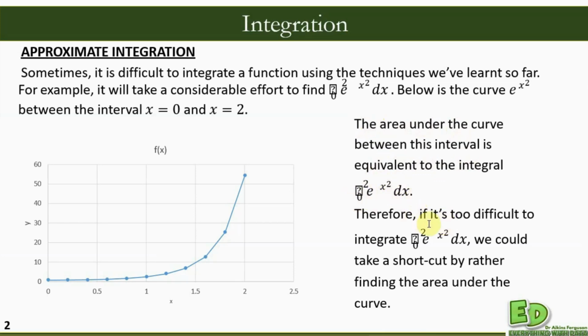Therefore, it is too difficult to integrate such a function. So we could take a shortcut by rather finding the area under the curve. So this is the curve that we're talking about, how it looks on the graph.